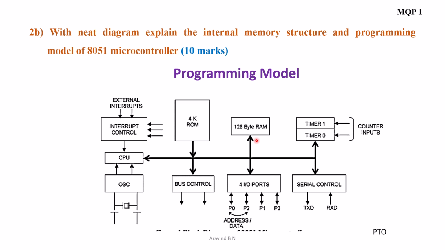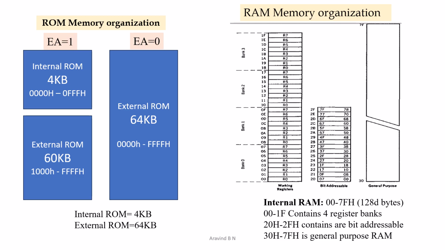Getting into the internal memory concept, in the internal memory you are going to have both ROM as well as RAM memory organization. First, take the ROM representation. For ROM, you can make use of the internal memory, and we can also access the external ROM.